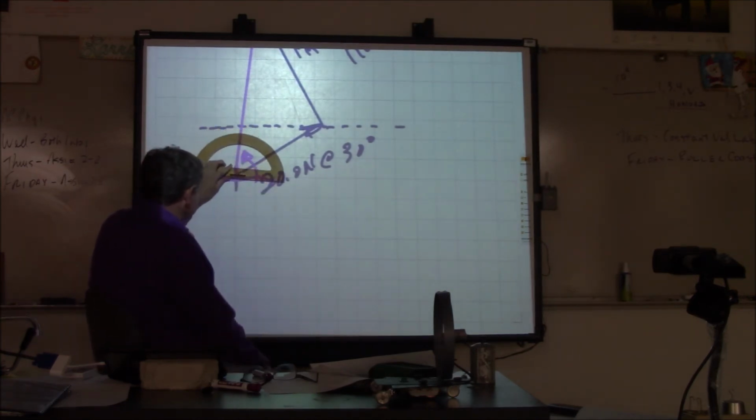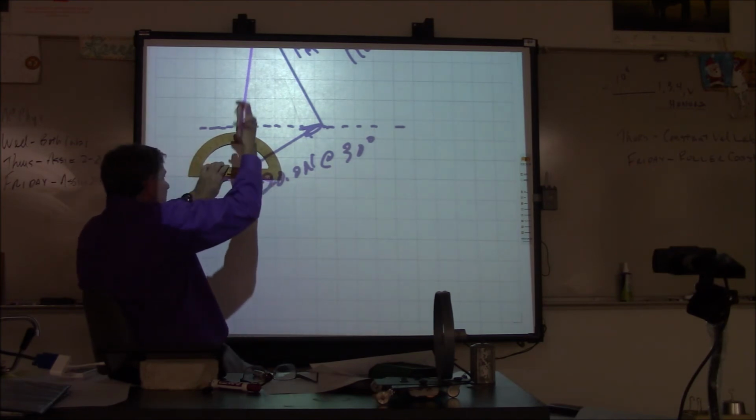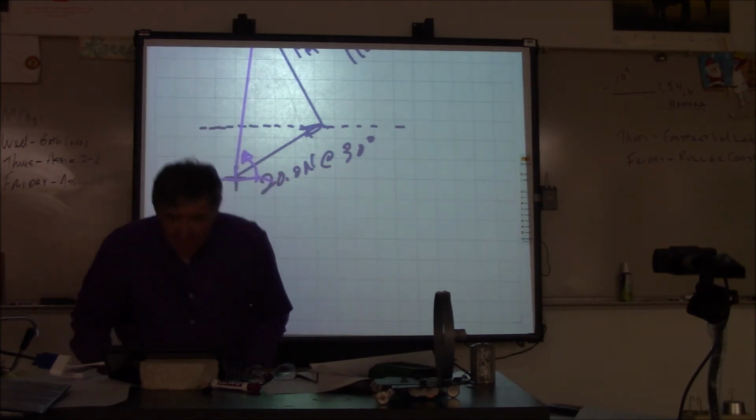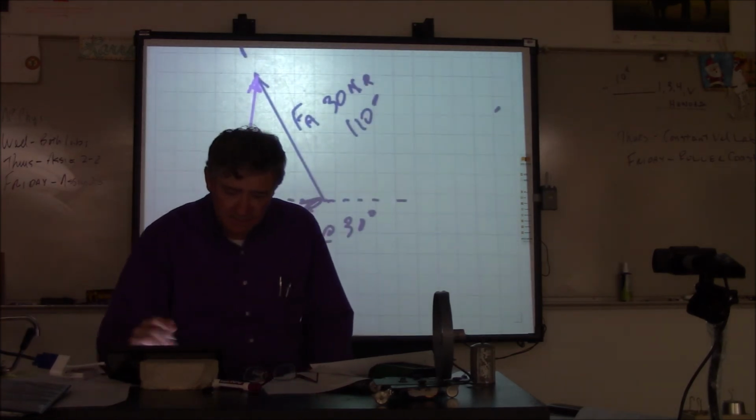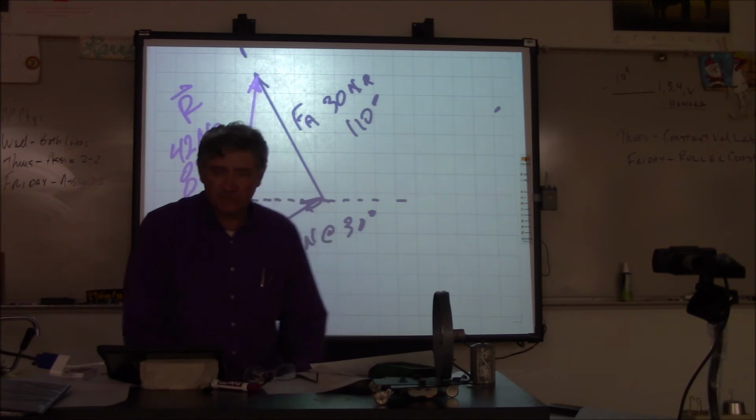So I'm going to put this protractor like this. I'm here, and that's going to be like, say, 83 degrees. So I'm going to measure that length, okay, and let's say I'm just going to make up the number. I measure that length and I get 42 newtons at 83 degrees. So that's my resultant.